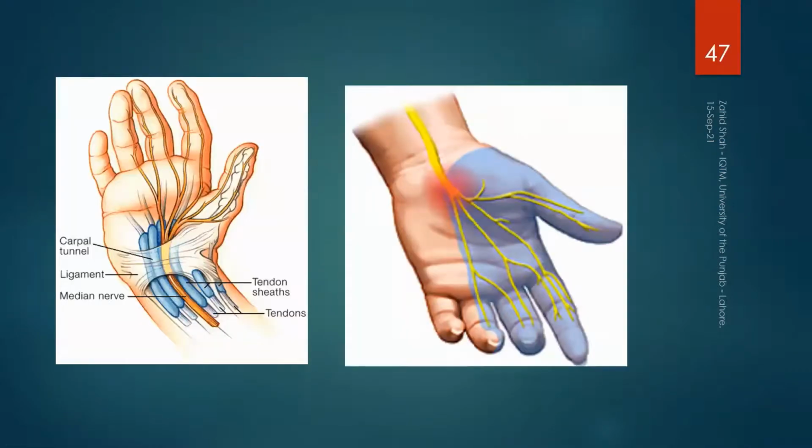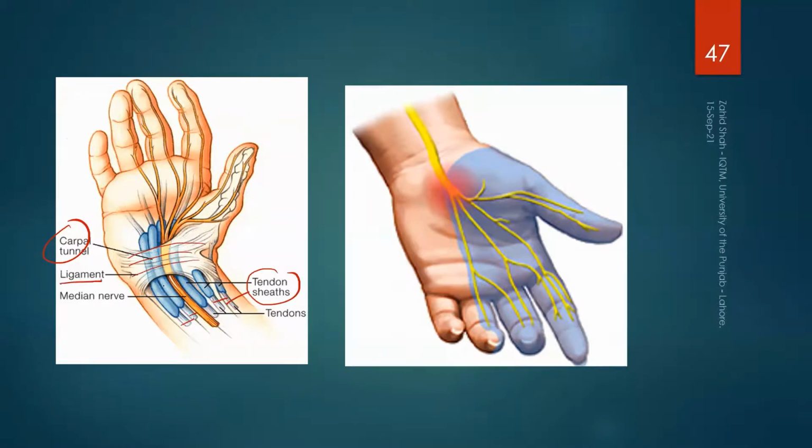Here you could get a better idea of this carpal tunnel. You could see long tendons. These are the tendons. And again, you could see this blue color are the tendon sheaths. The end of the tendon is covered by these tendon sheaths. And then you could see that across this carpal tunnel, there are these ligaments.